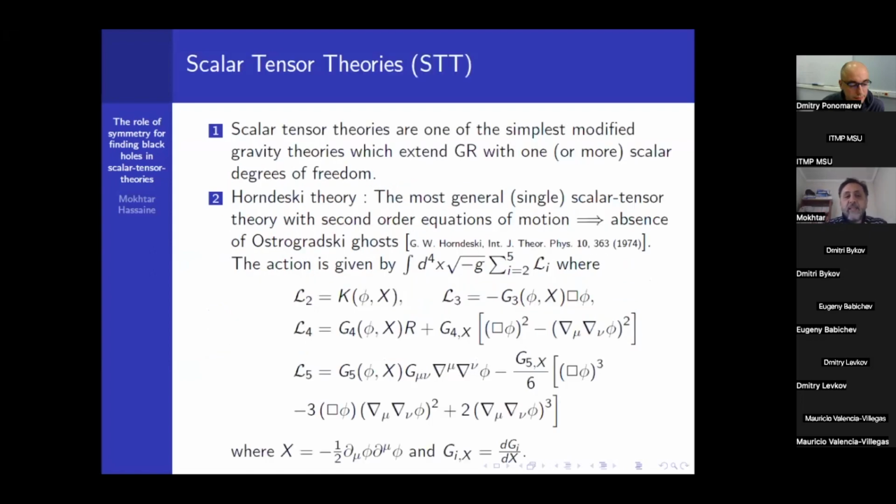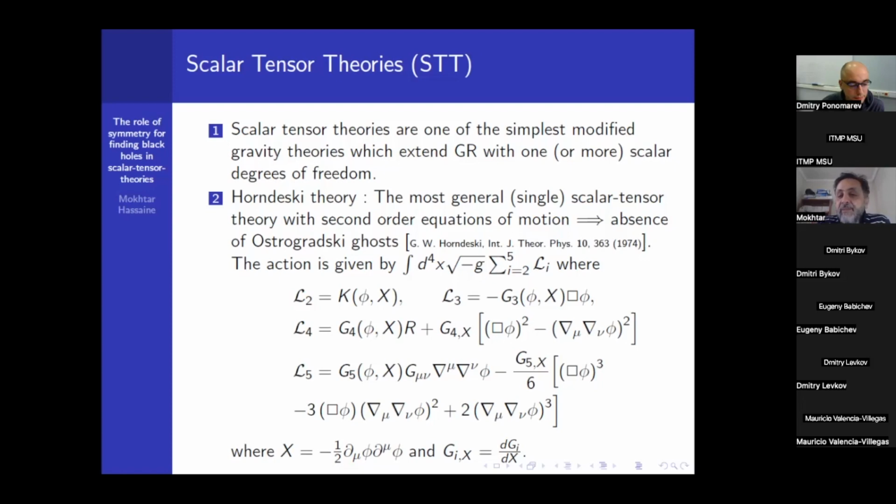As everybody knows, scalar-tensor theory can be seen as one of the simplest modified gravity theories, which extend general relativity with one or more scalar degrees of freedom. In our case, we are going to consider only one scalar degree of freedom.